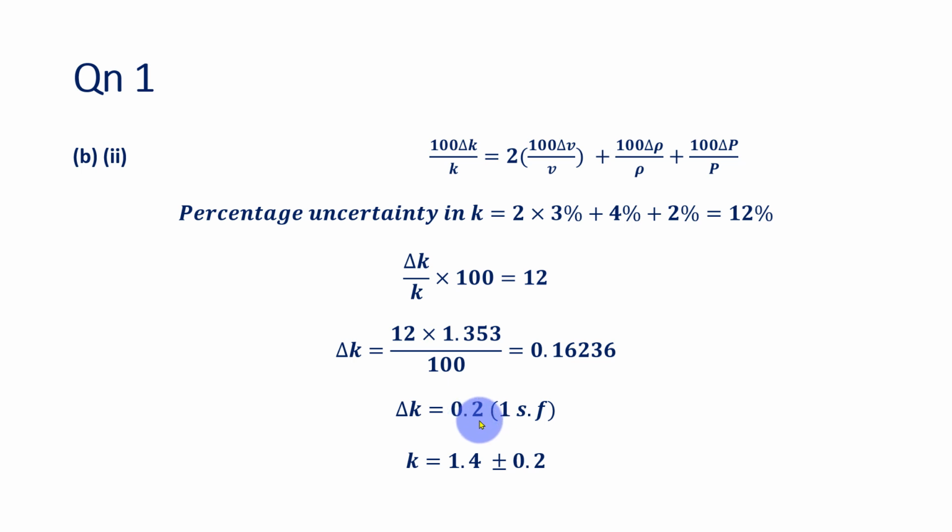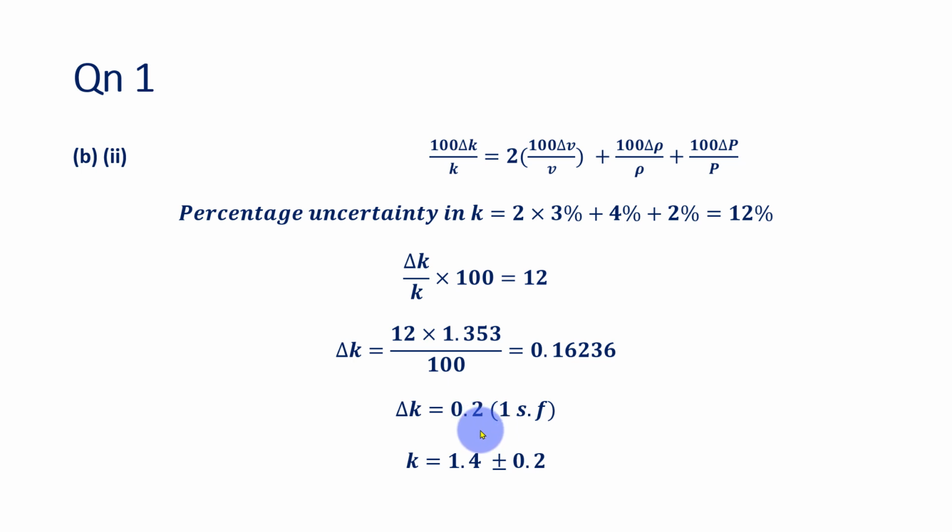Now, the way we write the absolute uncertainty dictates the way we are going to write the value of K. We have already stated one of the rules that we use to get 1.4. It's just by looking at the number of significant figures that were used in the values that were used to calculate it. But here we are going to use the number of significant figures to which its absolute uncertainty is expressed. It is expressed to one significant figure. Okay?